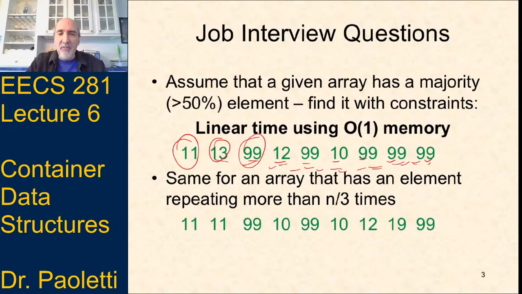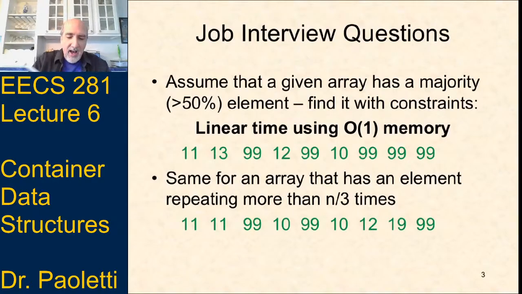Okay, if we want to find it in linear time with no extra memory, we're going to need loops, right? We're going to need multiple loops, exactly, because in linear time, we are allowed to look at it more than once. So what we can do is we can look through and I'll say, okay, let's see what I've most recently seen.